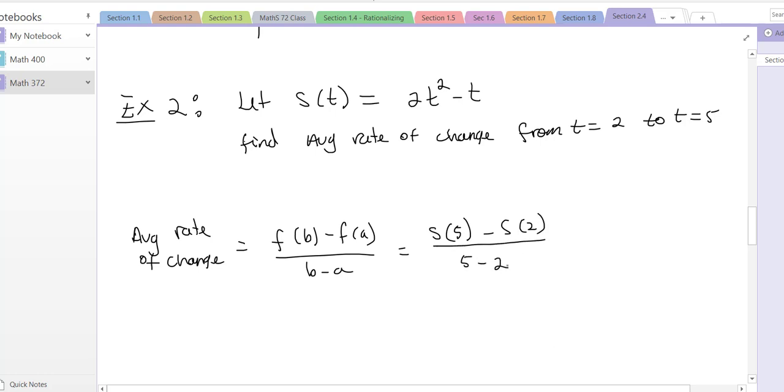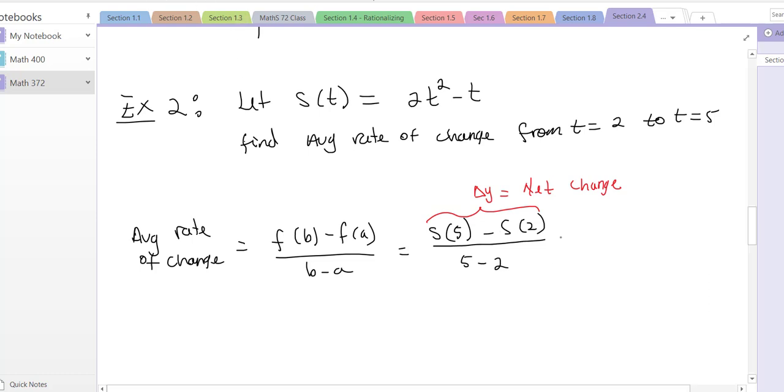So over 5 minus 2. And so s of 5 minus s of 2, right? This is the change in y. This is what we call the net change. So if you're asked what is the net change, that is just the change in the y values of the function.